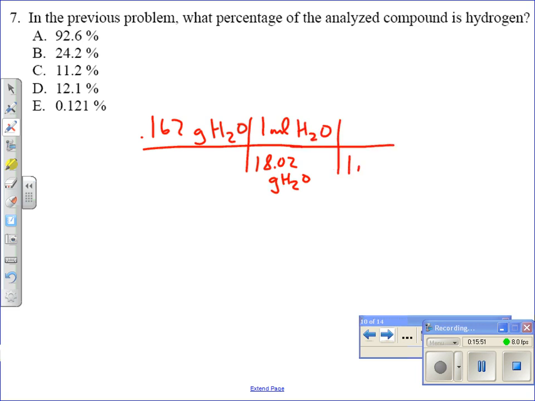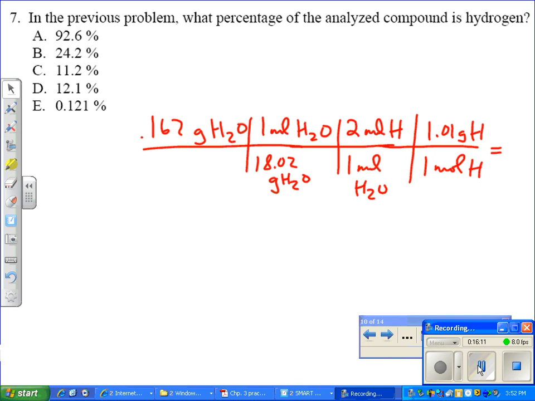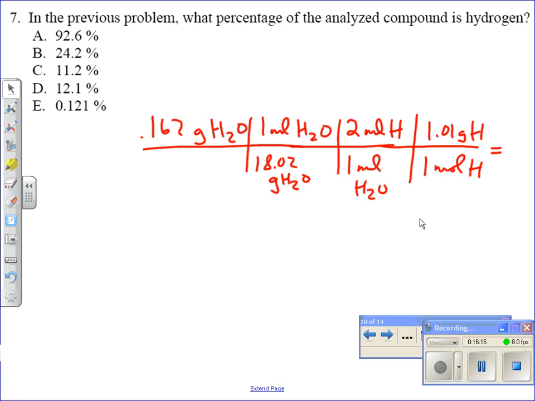The ratio of hydrogen to water is 1 mole of water is equal to 2 moles of H from the chemical formula. 1 mole of H is equal to 1.01 grams of H. So when you run that and you calculate it out, you get 0.0182. That's grams of H.